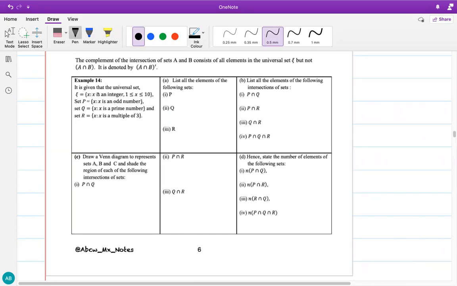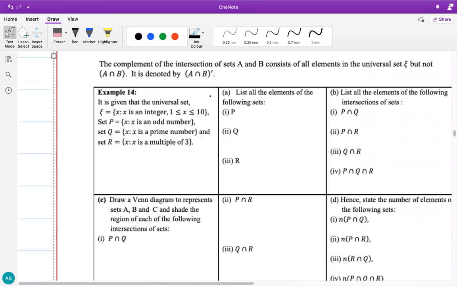All right. So example 14 is given that the universal set is the integers from 1 until 10. P is an odd number, Q is a prime number, and R is a multiple of 3. So list all the elements of the following sets. For odd numbers, it's 1, 3, 5, 7, and 9.